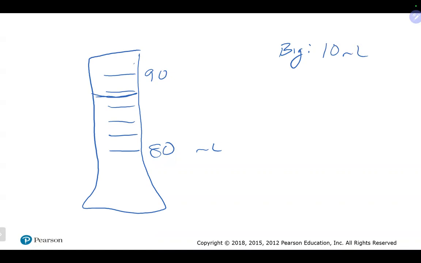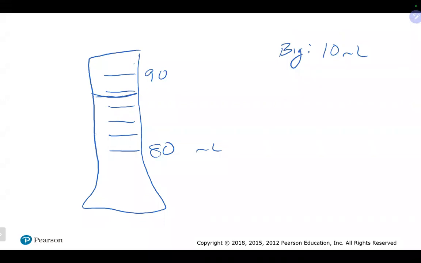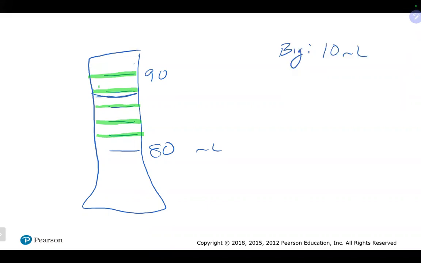And if we count up our markings between those two, starting right here, that is 1 small marking, that is 2 small markings, that is 3 small markings, that is 4 small markings, and that is 5 small markings. In this case, each of the smallest markings represents how much? Each of the smallest markings here, 10 divided by 5, is 2 milliliters.